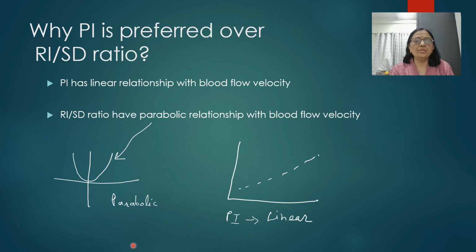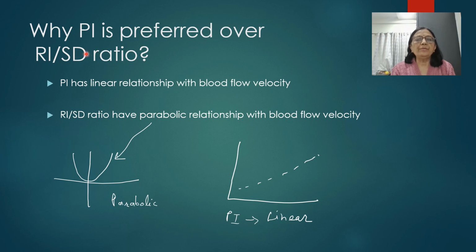If we see the reports of the Doppler, what we observe is that initially we used to get evaluation of the Doppler by using, say, SD ratio. But now more and more sonologists are using pulsatility index to evaluate the Doppler velocimetry in fetal Doppler.